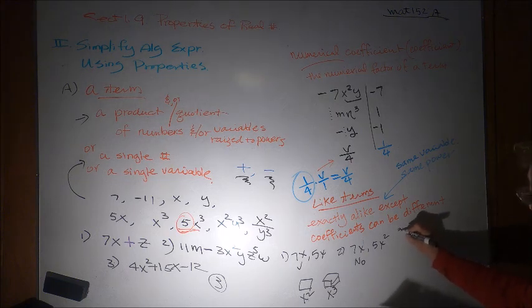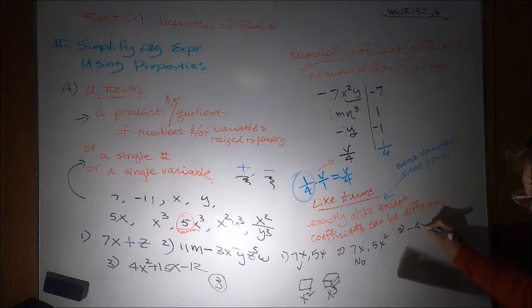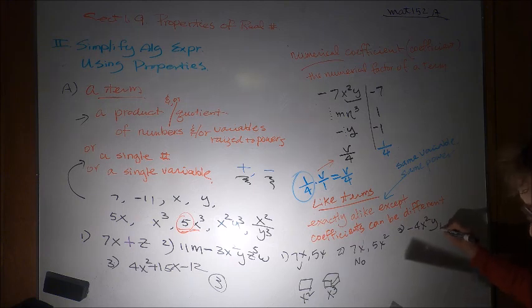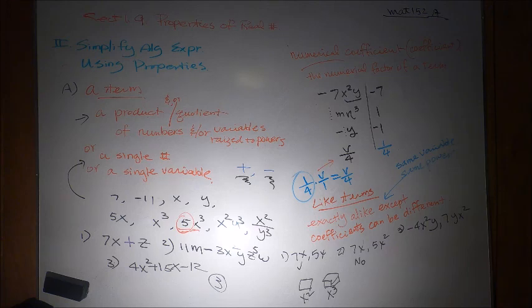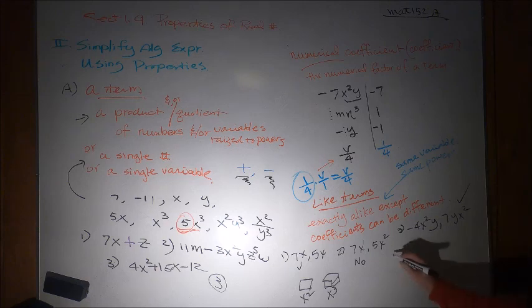If you look at the next one, x squared y and 7yx squared, are they like terms? Yes, because x squared y, you can write it differently by the commutative property, but they mean the same thing, right? Except the coefficients are different. How about this one?